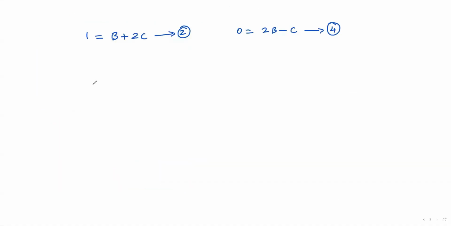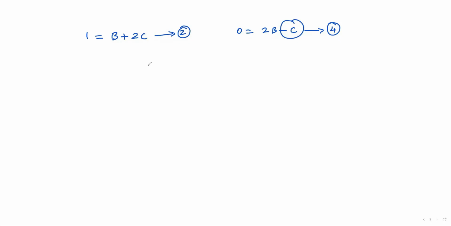Here in equation number 2 and equation number 4, I'm going to eliminate the constant c. In equation number 2, I have positive 2c. In equation number 4, I have negative c. Instead of negative c, if I have negative 2c, I can eliminate the constant c by adding equations 2 and 4. But I have only negative c. I need negative 2c.